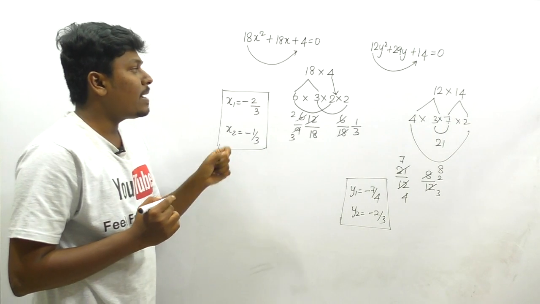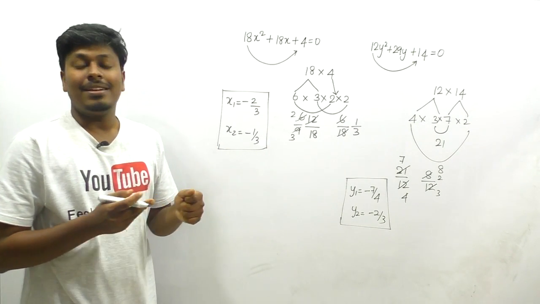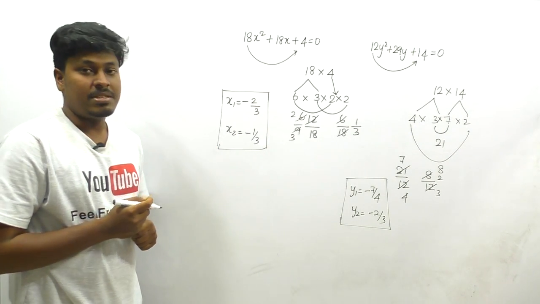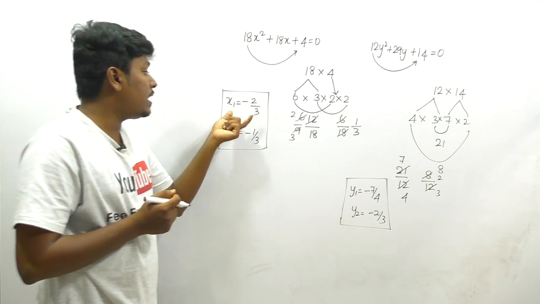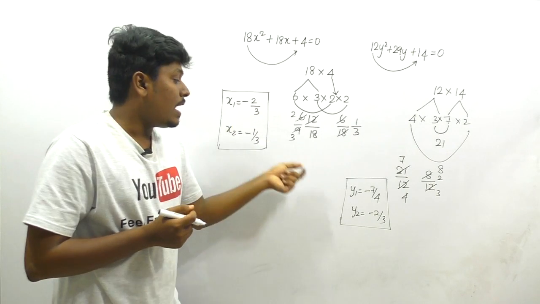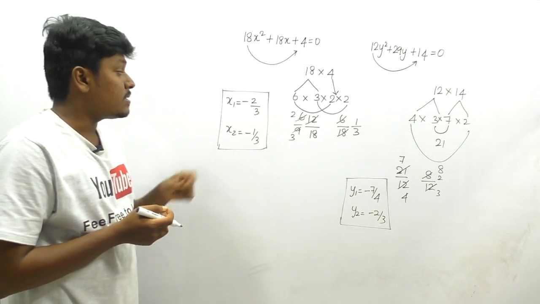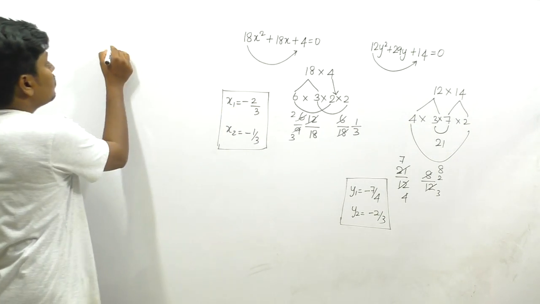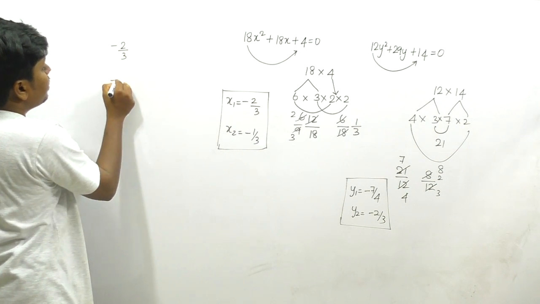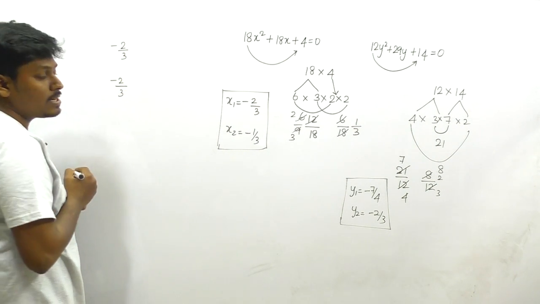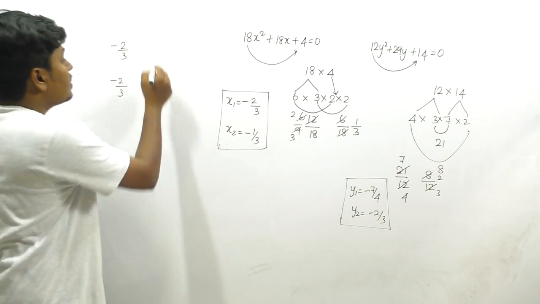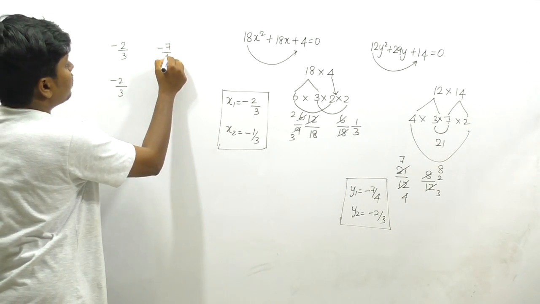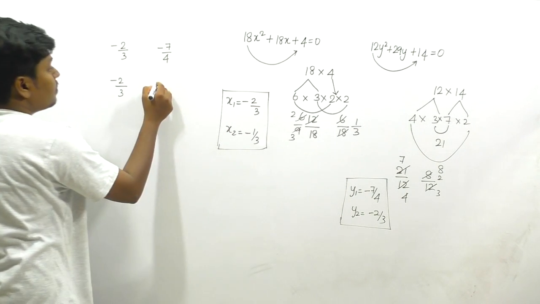Now we need to compare these values and check whether greater than, equal to, or cannot be established. Friends, remember my methodology of comparison. I used to keep x1 as constant and compare with all the y terms, right? Where x1, that is minus 2 by 3 and minus 2 by 3, keeping x1 as constant, I am just going to compare with all the y values, where y1 is minus 7 divided by 4 and y2 is minus 2 by 3.